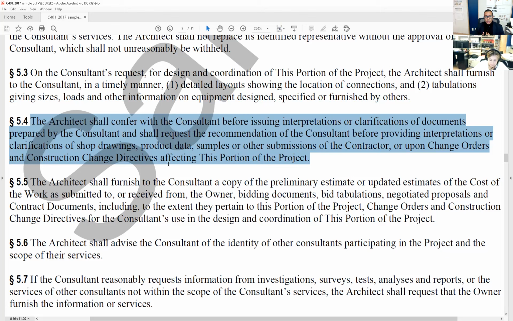Me personally, the way I would do it is, and these changes we're talking about are during construction, not so much prior. During construction, a plumbing fixture is being changed, a toilet is being changed, whatever, right? There's going to be a change order on that. They're going to put in a new toilet. What if the pipe that was supposed to go with that toilet, sized by the plumbing engineer, isn't compatible with the new toilet?